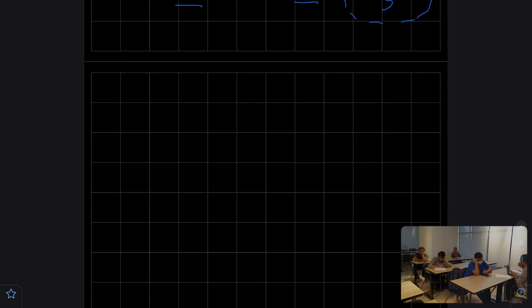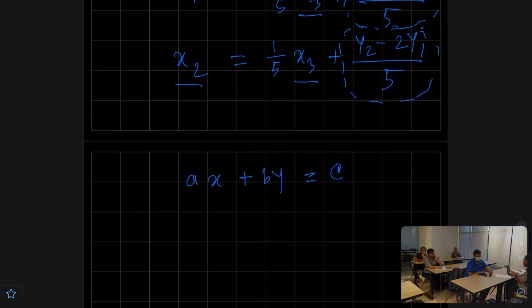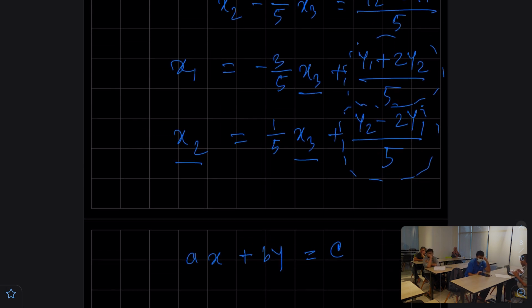Now I'm just trying to understand what is the interpretation of a leading variable. So is it kind of a bound variable? Because you're saying x3 is a free variable, right? As you can see, these are the variables that can have any values. These are free to choose. It is up to you to assign any value to this variable.